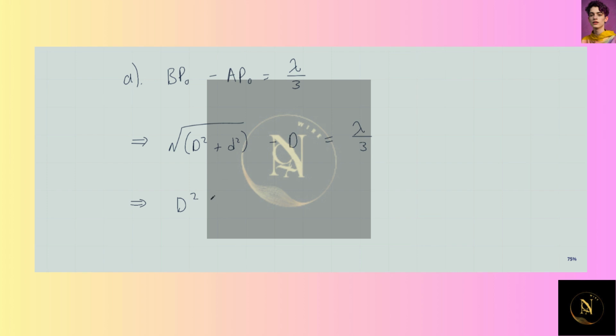capital D squared plus little d squared is equal to capital D squared plus lambda squared over 9 plus 2 lambda capital D over 3.